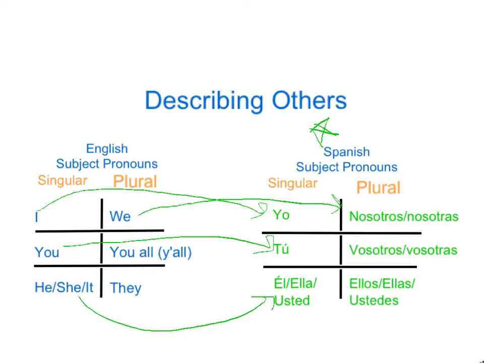Next, the y'all form is the vosotros or vosotras. That's not used very often around the Spanish-speaking world. It is in certain countries and certain regions, but it's not common enough to the point where we're going to learn it. So we're actually going to ignore that one for today. And then finally, we have the they form, which is ellos or ellas.